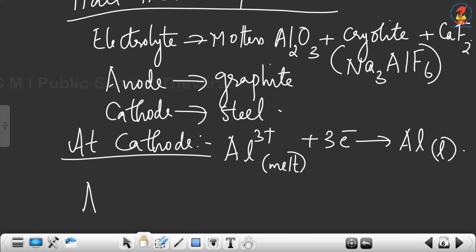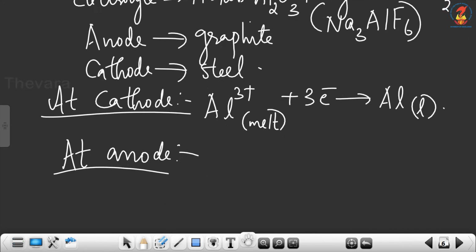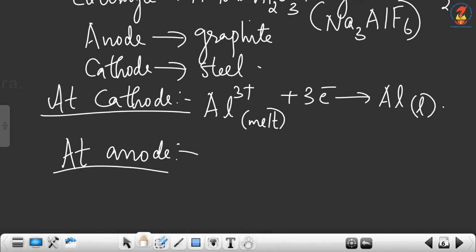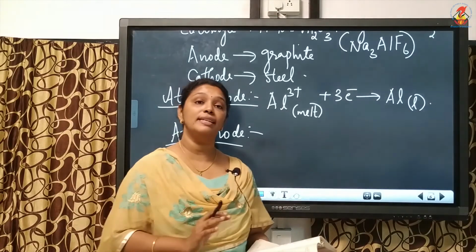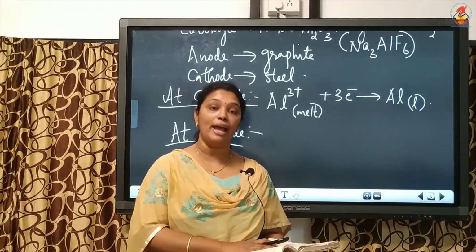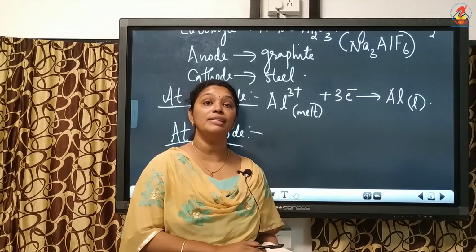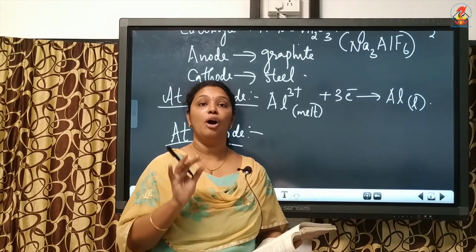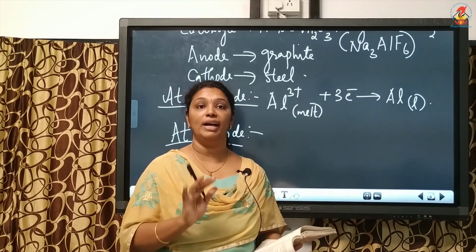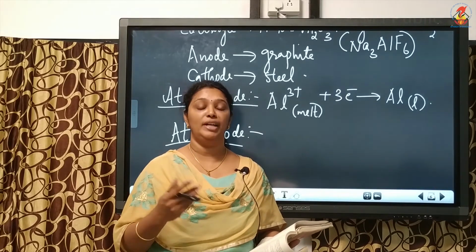Now at anode, now we know that the anode taken is graphite. So at anode oxygen gas is actually liberated. But what happens is that since the anode is graphite, that is carbon, the oxygen liberated at anode will combine with carbon to form carbon dioxide.